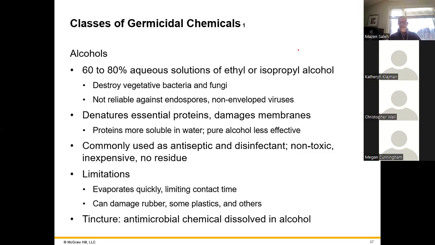Other things to consider when using plastic: with extended use on the same surface, if it's rubber or plastic, the repeated use may actually damage those surfaces, if it's of concern to you. Tinctures, such as iodine tinctures, are essentially iodine that is dissolved in alcohol, as opposed to simply iodine.